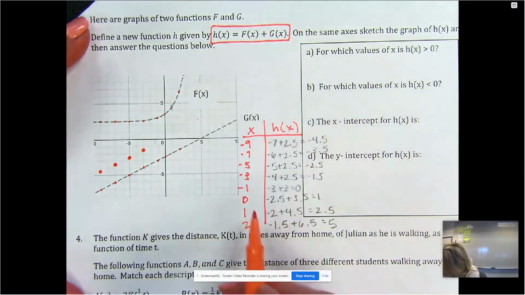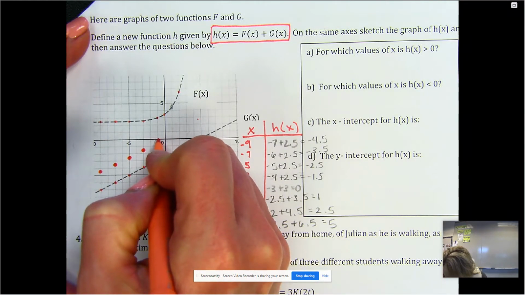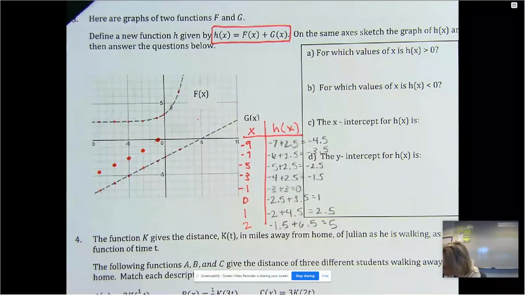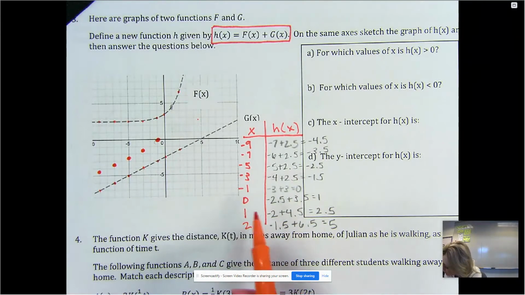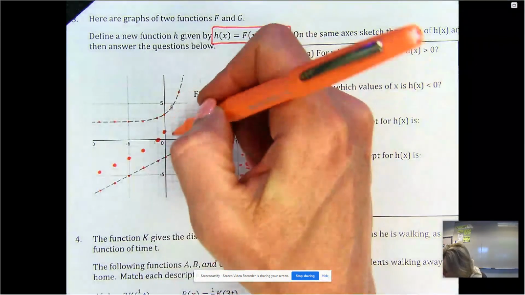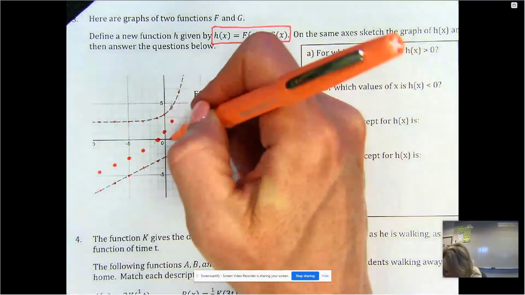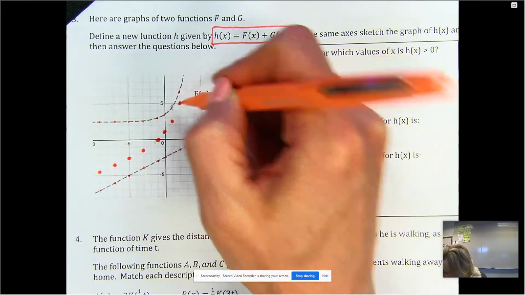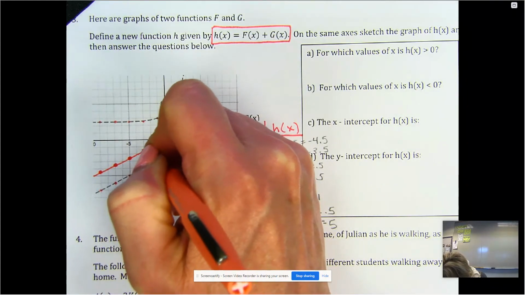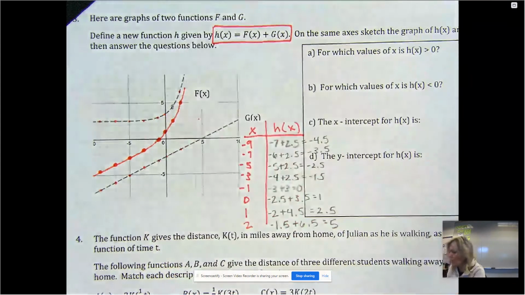Then negative 1, 0. It must have to curve somehow, since that's a little further. Then 0, 1, then 1, 2.5, and 2, 5. Okay, so this is what the new function h of x, which is the combination of f of x plus g of x, looks like. Something like that.